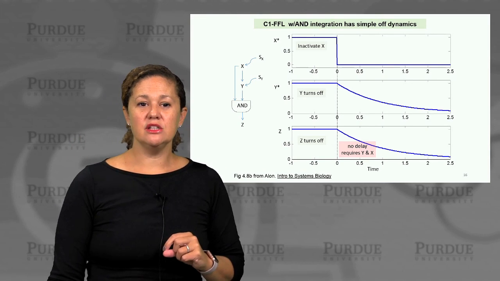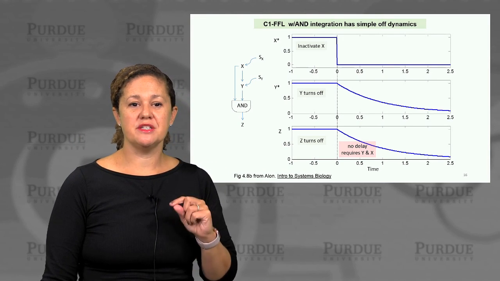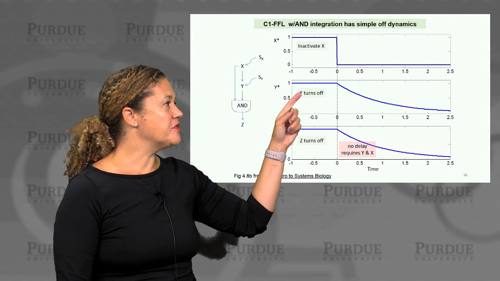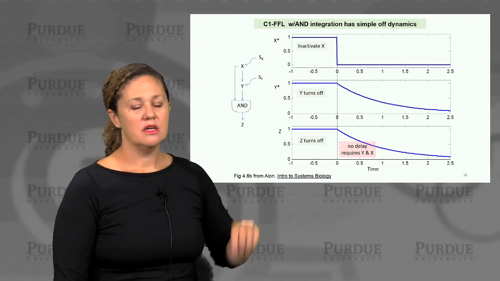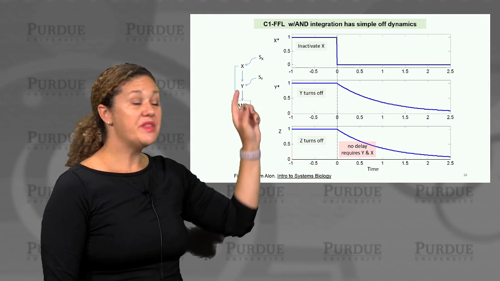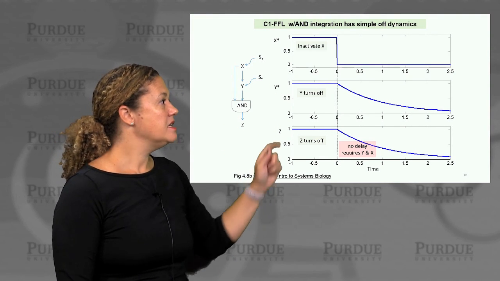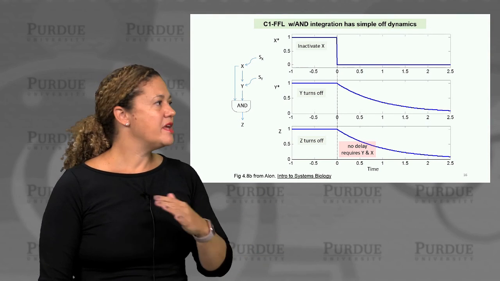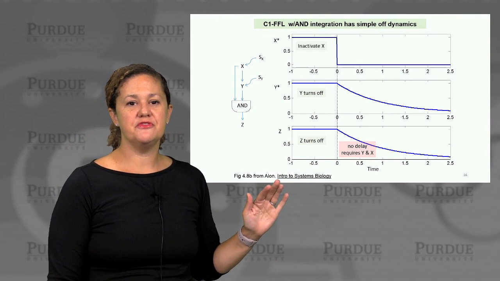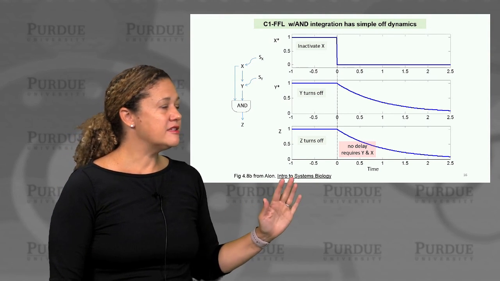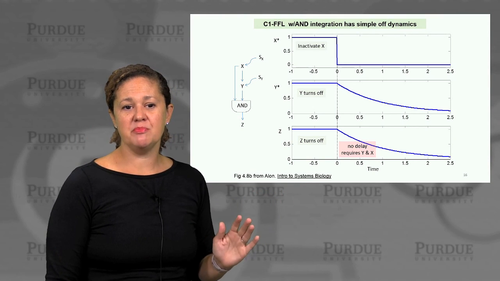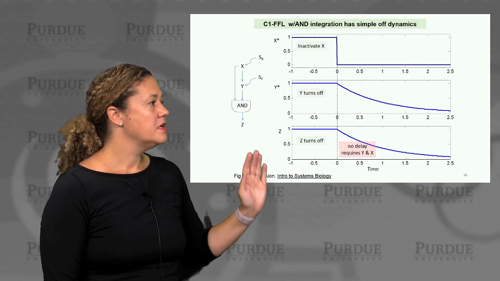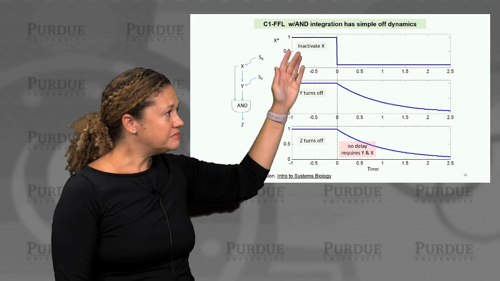So now let's take a look at what happens when we turn our system off. Again, we're focusing on our type 1 coherent feed-forward loop with AND integration. Okay, so now if we start with the system fully on, so we have maximum amount of our X star, our Y star, and our gene product output Z. So everything is on.